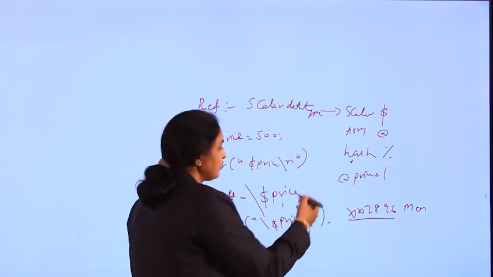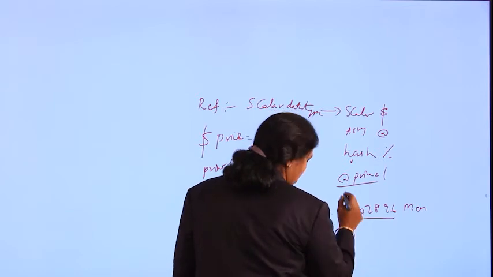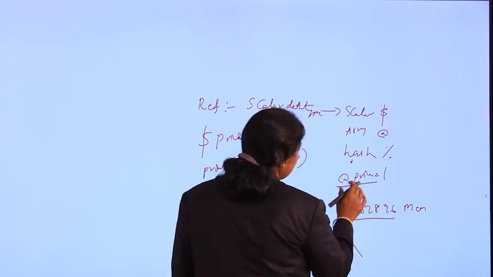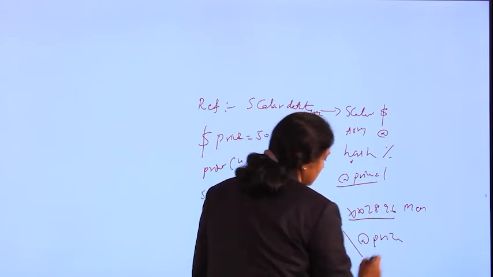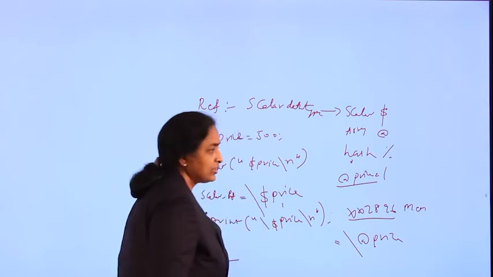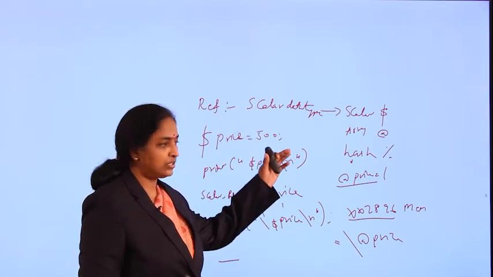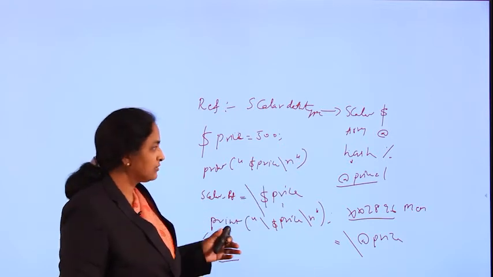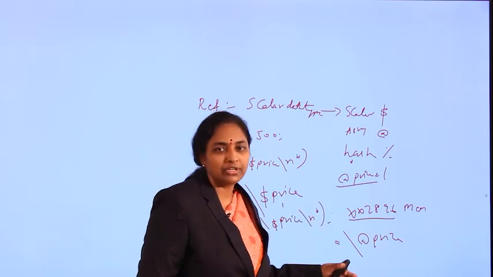Creating the reference is the same: backslash @price. This is how to create the referencing, and the same way for hashes also. So now you can create the references, and instead of passing the values, you simply pass the references.